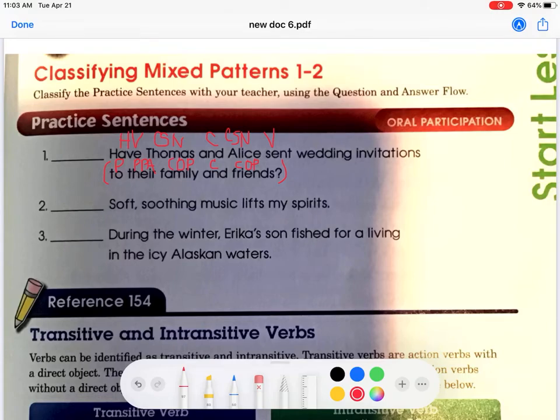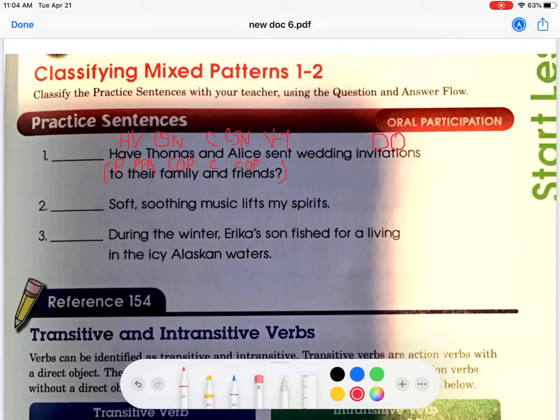So Thomas and Alice sent what? Is there a noun? Well, they sent invitations, right? So that is a noun. So that means that it is a transitive verb, meaning it's transferring its action to a direct object, another noun that's receiving the action.